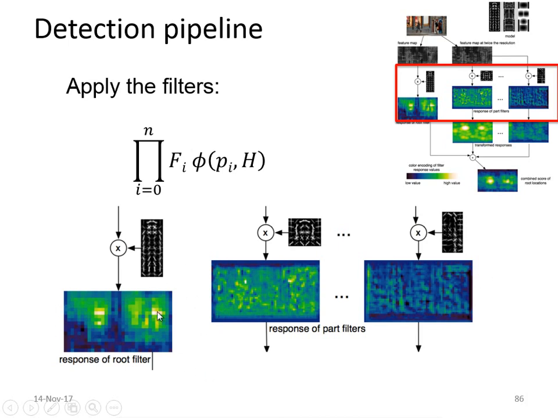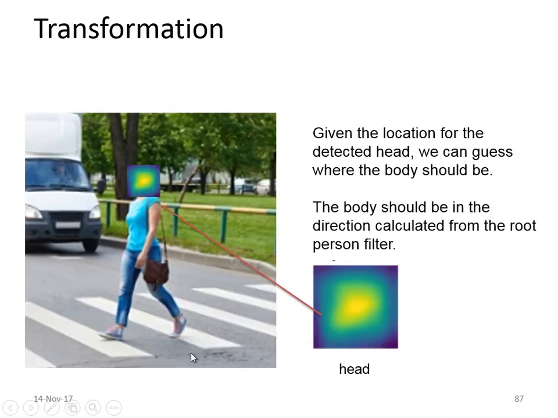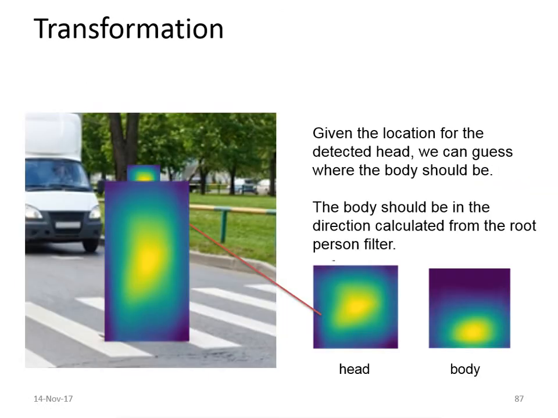The peaks here will correspond to some potential hits for people, right? Then you want to combine this root filter and part filter information together. You use the prior knowledge that you expect, like if you have a body here, the head is probably here, won't be at the back, or something like that.